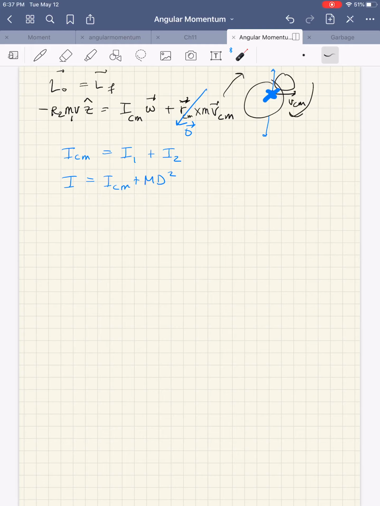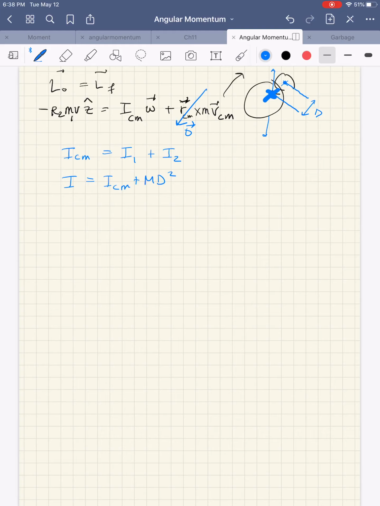So what I'm going to need to know is the distance from the center of mass location of the disk by itself to the new center of mass. I'm going to call that D.